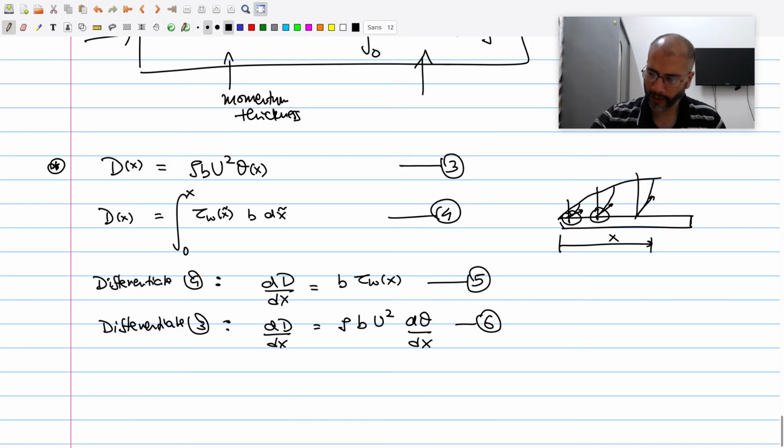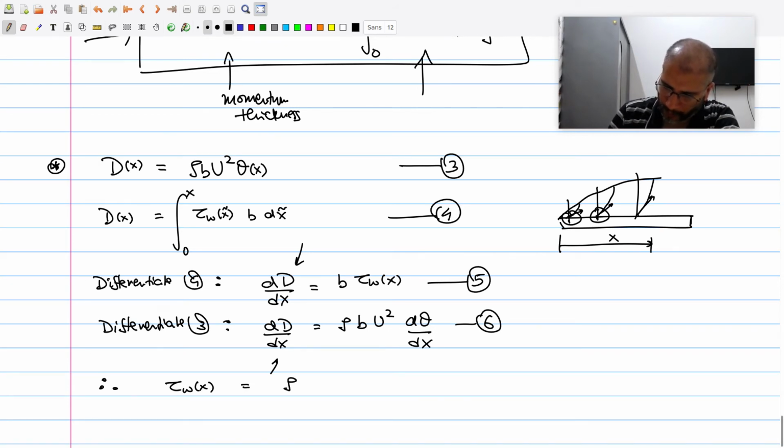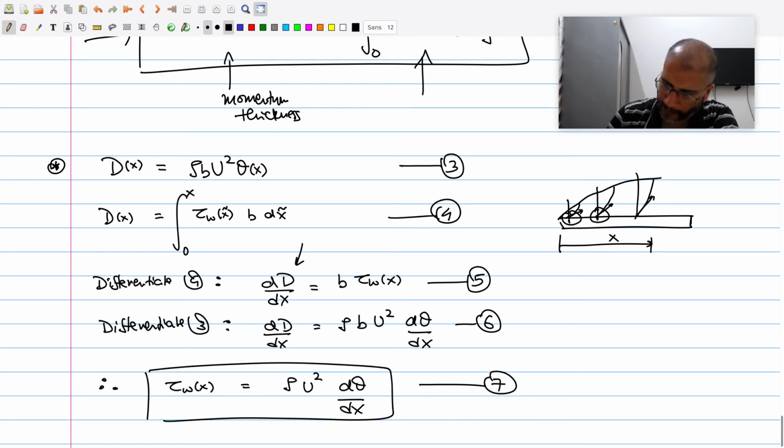Okay, so from 5 and 6 we can equate dD/dx and dD/dx. What we get is tau wall, a function of x, is rho U squared d theta/dx. Right, and this expression is general.